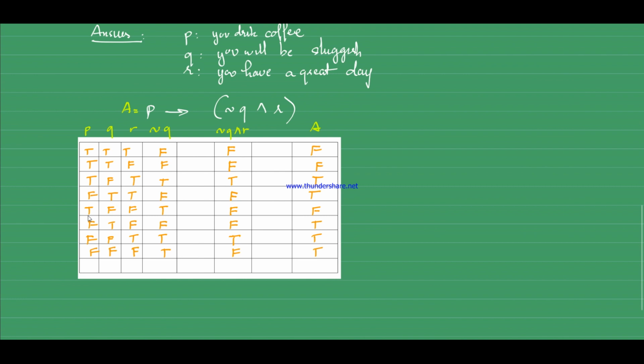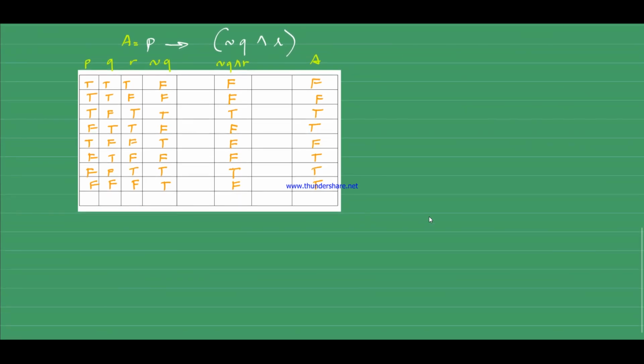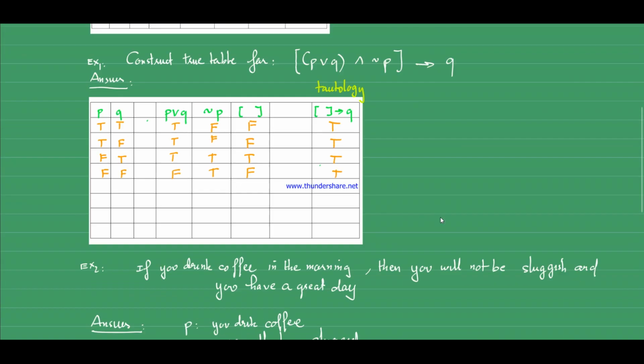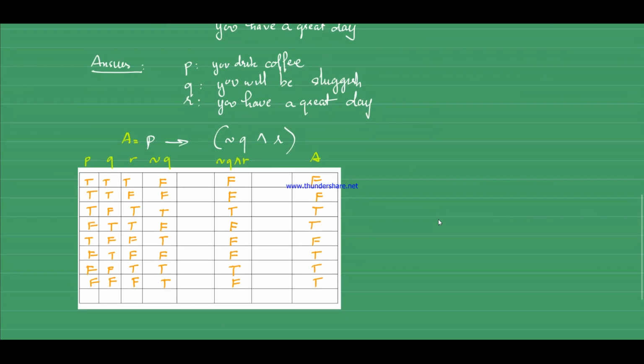You don't get A, so you get A, but you don't get a watch, so it will be F, T, T, F, F. Okay, good. That's example 2.